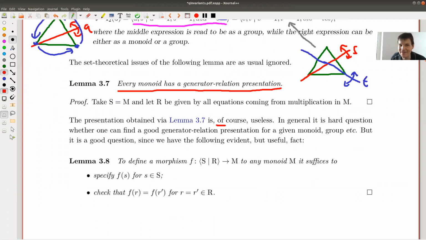It's of course useless. That's exactly true. And in general, it's just really hard to find a generator and relation presentation for your monoid. It's just a really hard question.